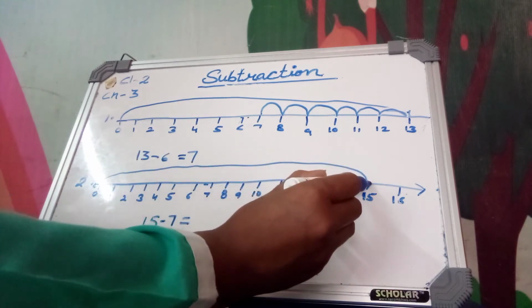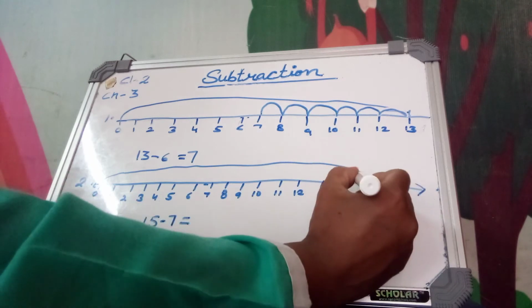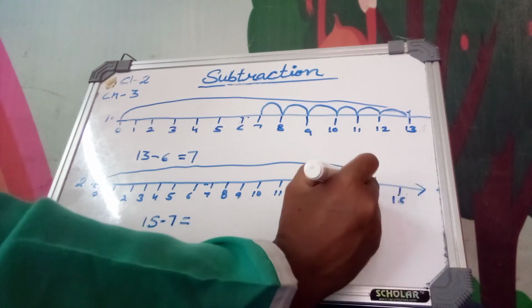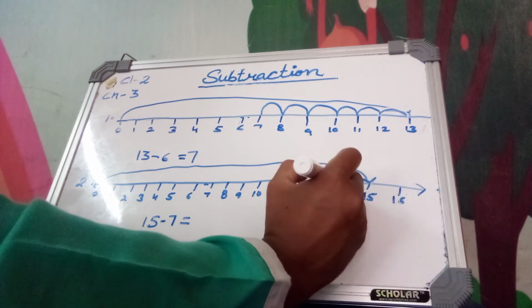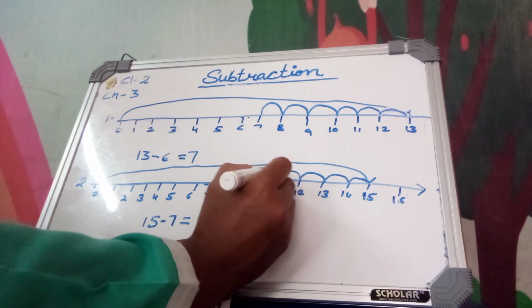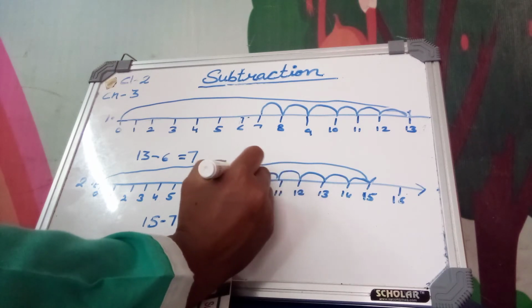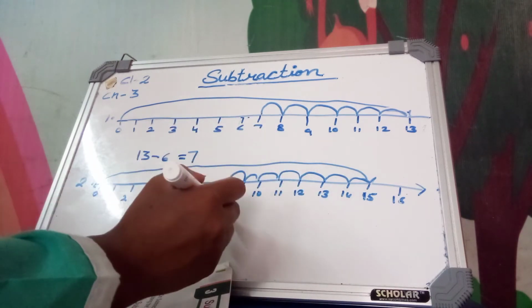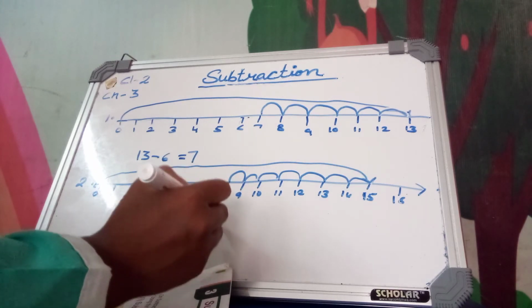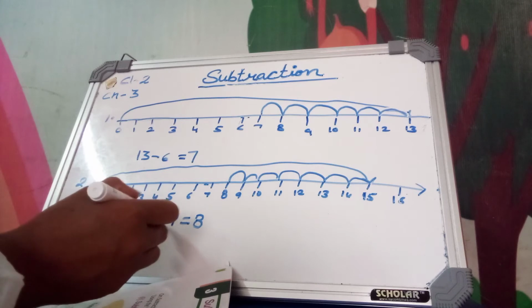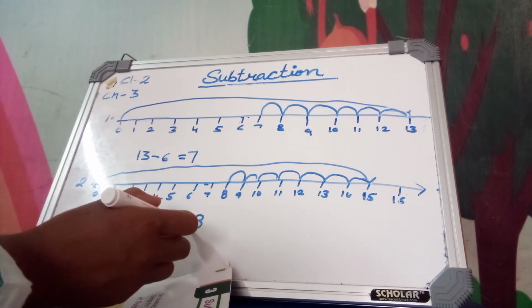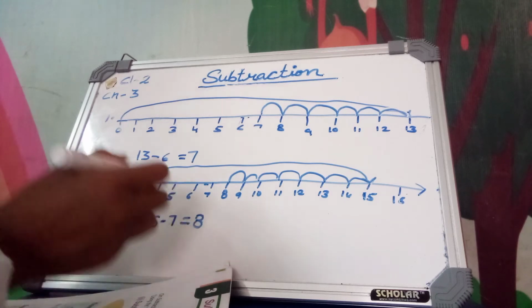Then we will take away 7 numbers. 1, 2, 3, 4, 5, 6, 7. How many numbers are left? 8. The answer will be 8. 15 minus 7 equals 8.